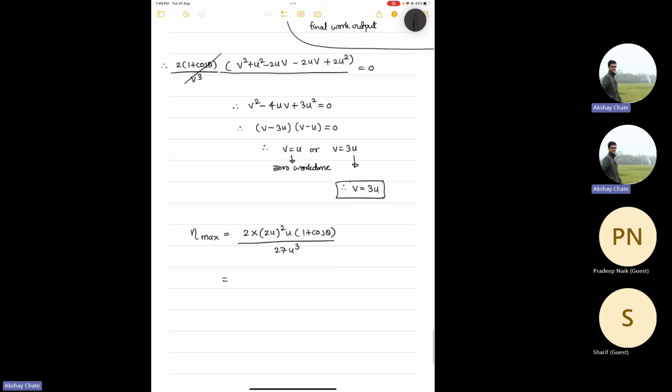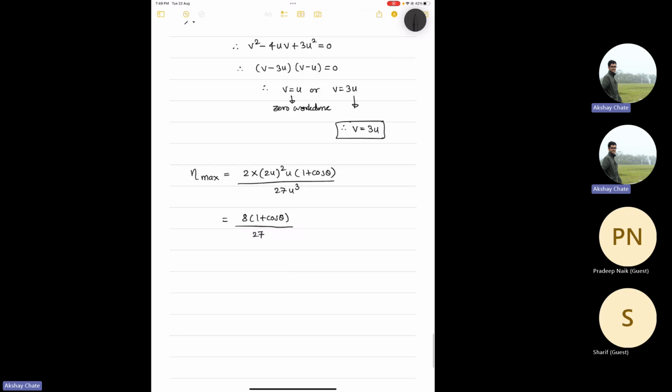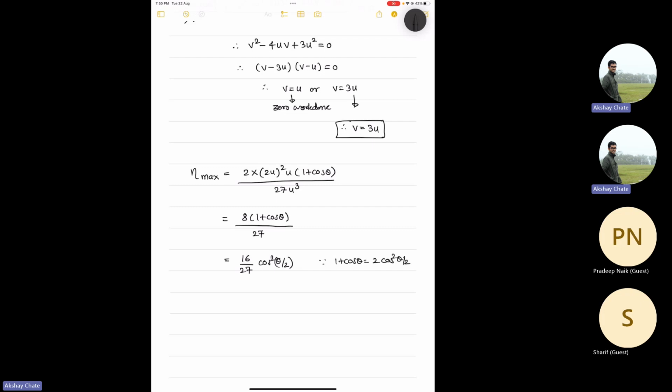Therefore, it will become 4 into 2, 8u, u cube will get cancelled, (1 plus cos theta) divided by 27. And if you apply the cos theta property, since 1 plus cos theta is equal to 2 cos square theta by 2, it will become 16 by 27 cos square theta by 2. And this is what was asked in the question.